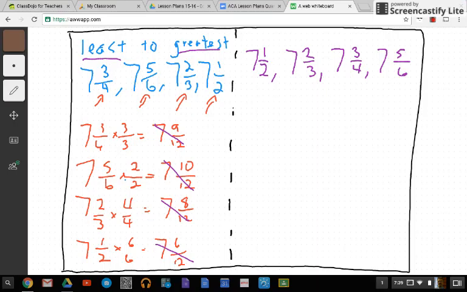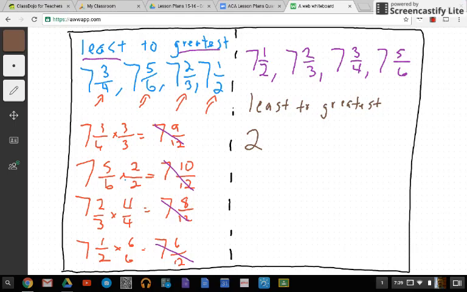Again, I'm going to do least to greatest. And let's say that I've got, well, these are all mixed numbers beginning with 2.